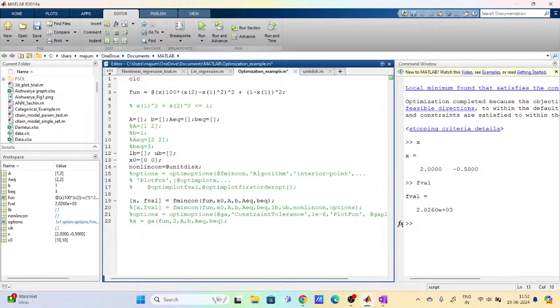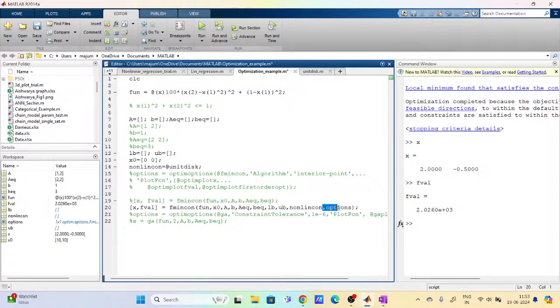X0 we have initialized as 0 0, nonlinear constraint at unit disk. Now x, f value equal to fmincon function, x0, A, b, Aeq, beq, lb, ub, nonlinear constraint.